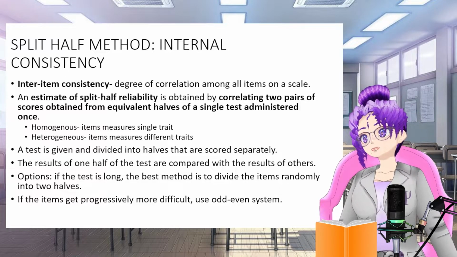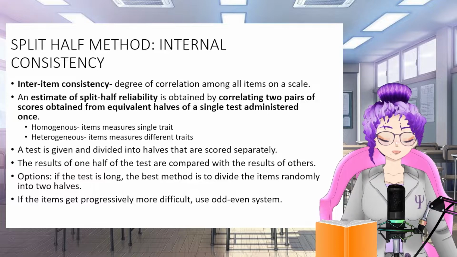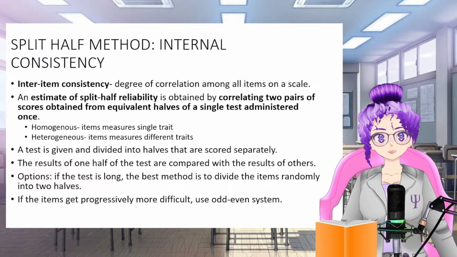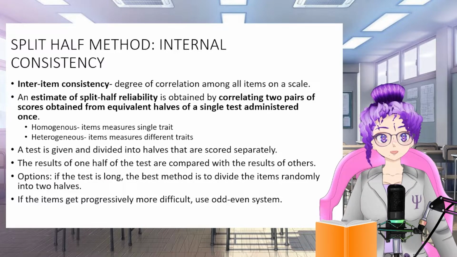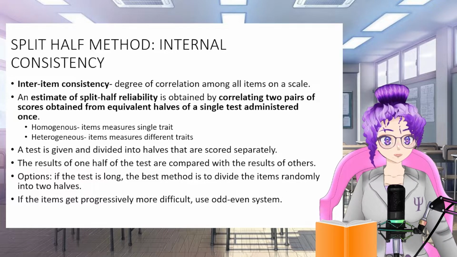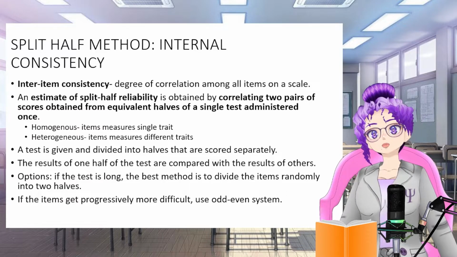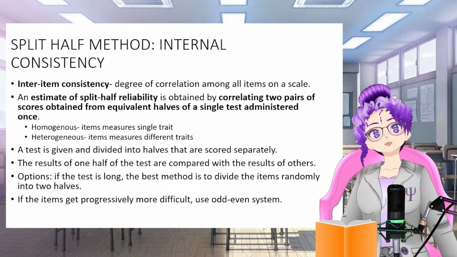For heterogeneous items, my example would be a diagnostic math test wherein your math skills are measured, such as addition, subtraction, multiplication, and division. So there are four different domains or traits being measured.